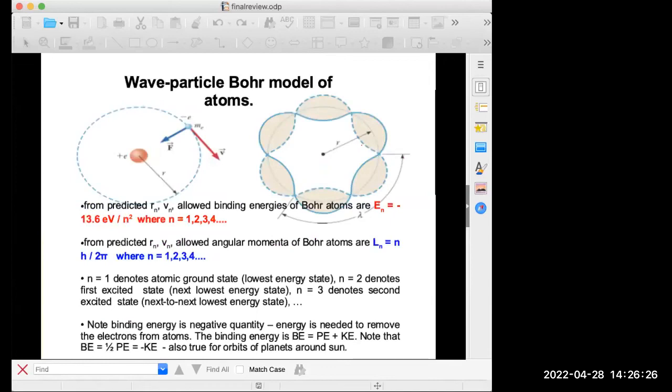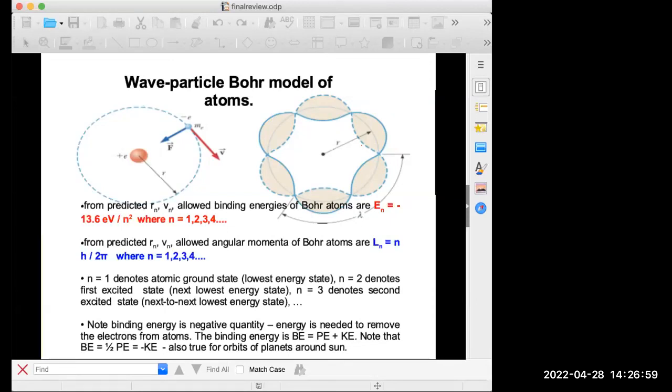Putting together the wave-like properties of matter, so electrons, and the particle-like properties of light, photons, gave us finally an accurate model picture of the atom, and it's called the Bohr atom. So in the Bohr atom, the electrons are orbiting the nucleus, but their corresponding waves have to fit precisely in that orbit.